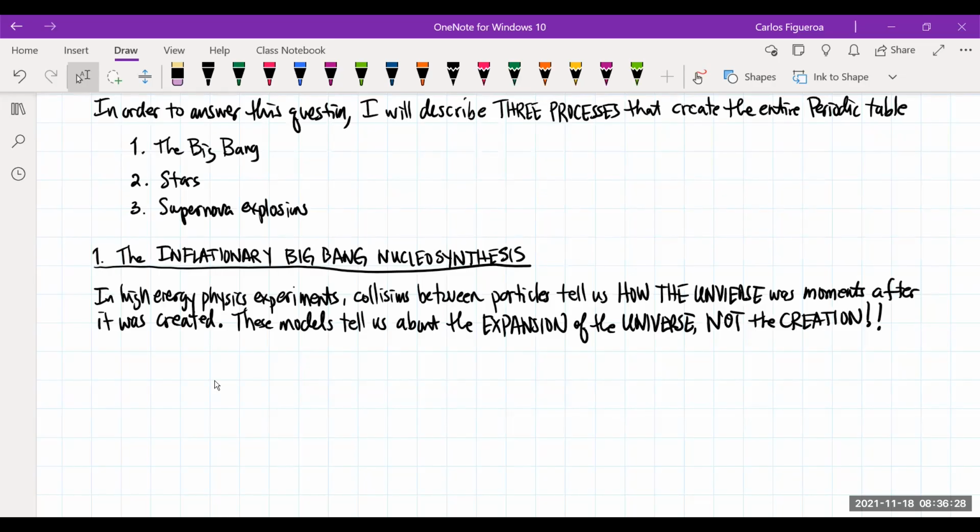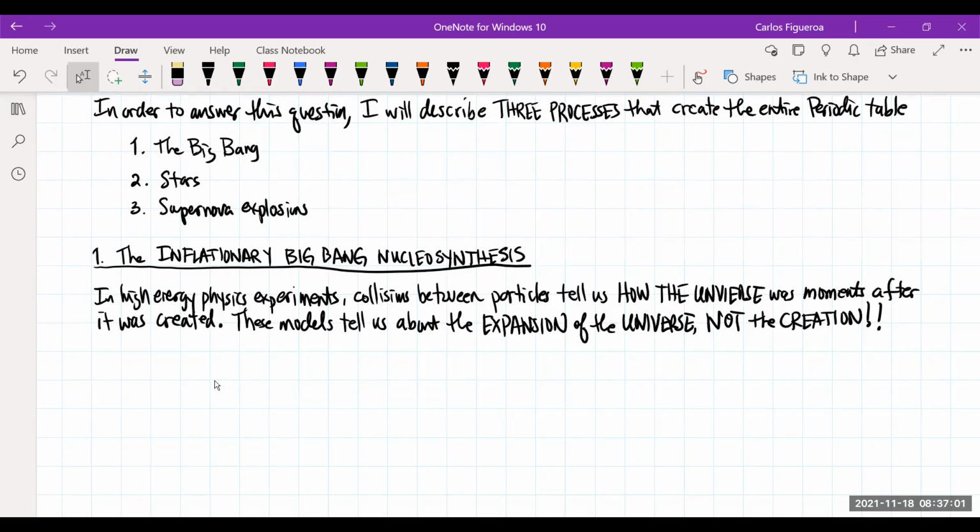Now, I will say that in the recent past, there was a model that came out of a guy from Stanford named Andrei Linde that came up with the multiverse. And that multiverse, wow, it really is pretty impressive how you can visualize this thing. But it doesn't tell us how things were created. So you've got to remember that.